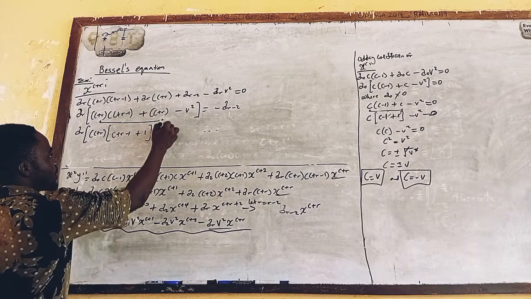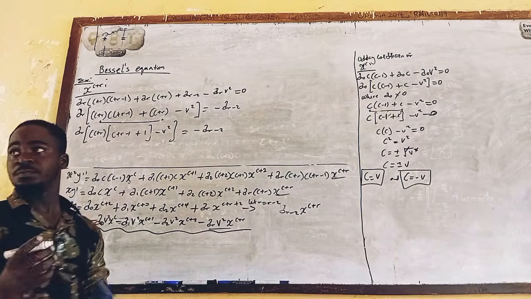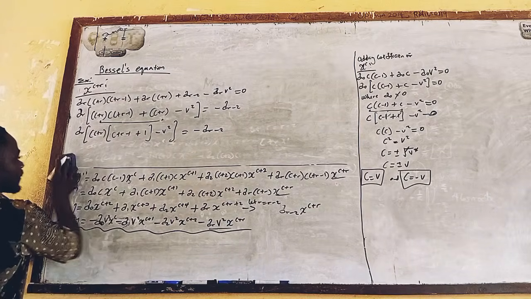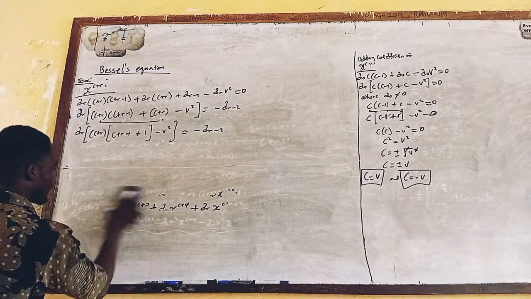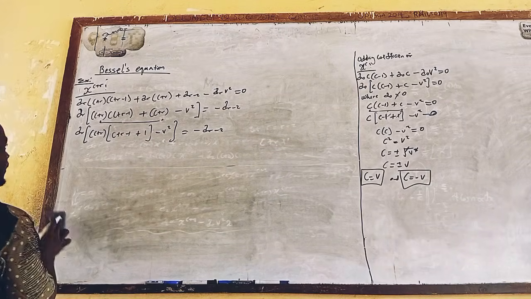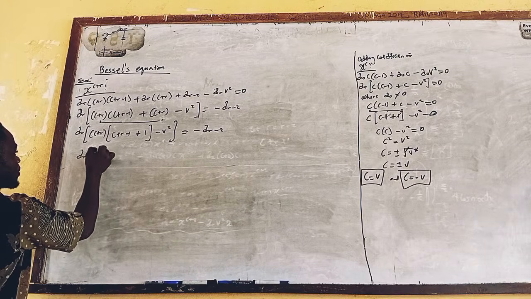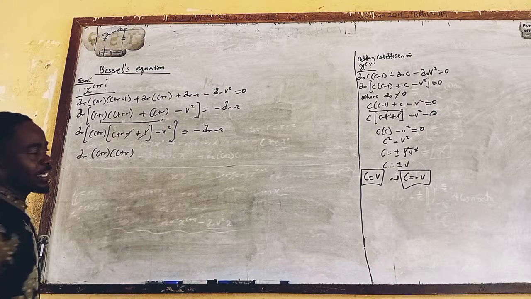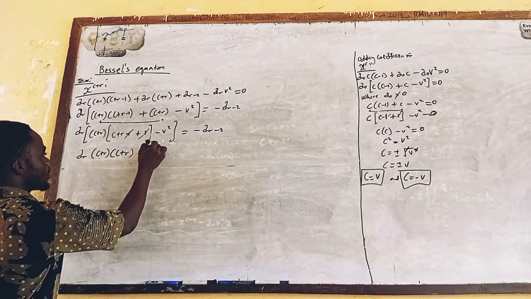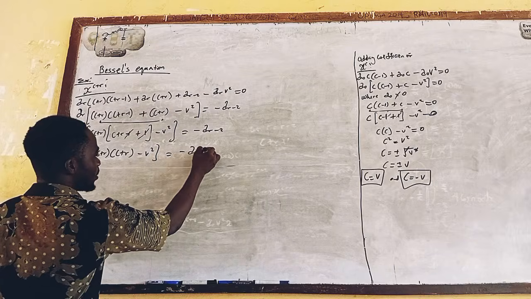So we have minus v square equals minus a r minus 2, which is going to be c plus r, because this one and this one will eliminate each other, minus v square equals minus a r minus 2.